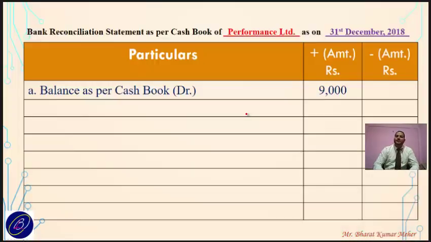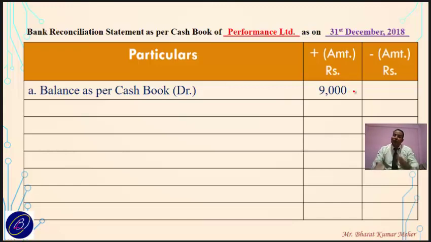This is the solution. As I have told you, we are preparing the bank reconciliation statement as per cash book. I mentioned it clearly, cash book, of which company? It's of Performance Limited. As on what date are we preparing? On 31st December 2018. Clear? So first of all I have written balance as per cash book and it is a positive balance, so I have put it on the plus side.